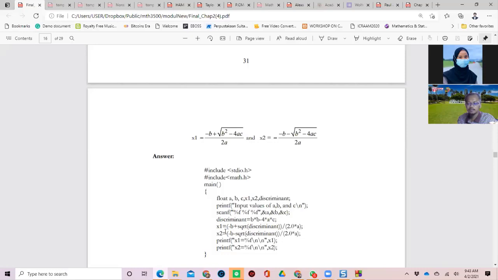Then X1 is minus B plus square root of discriminant, divided by 2 times A. Here the important thing is the bracket.